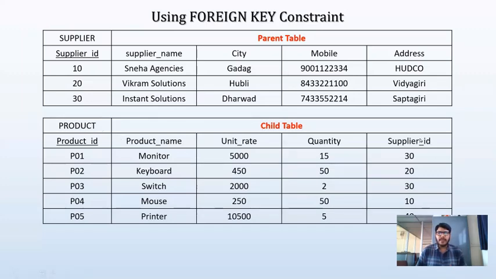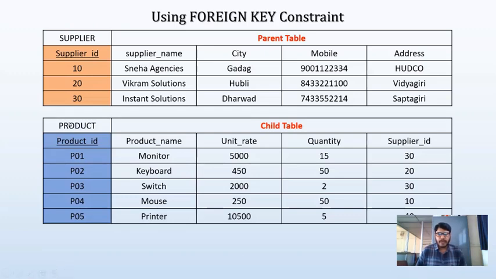So what happens if I declare supplier ID as a foreign key in a child table? This will create a reference to the parent table. As you can see here, in the parent table, I have declared supplier ID as the primary key for the supplier table. And also I have declared product ID as the primary key in the product table.